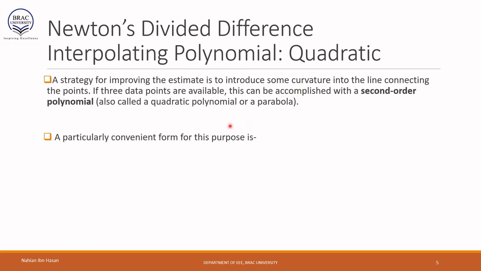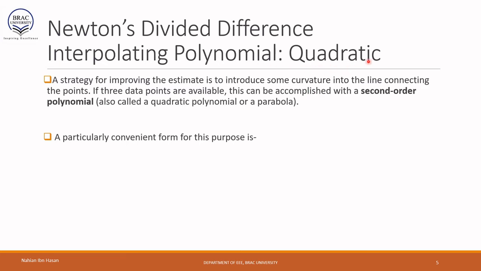But we can easily extend the first order polynomial, that means Newton's divided difference interpolating polynomial, up to higher order terms. The first order polynomial does not capture the main features of the nature of the data points, so we need to go for higher order interpolating polynomials.